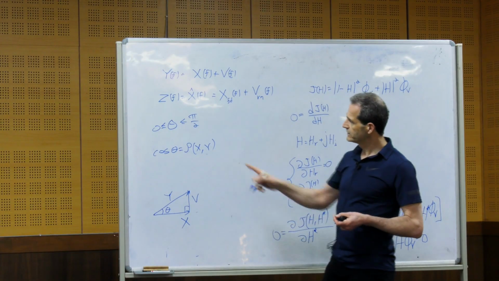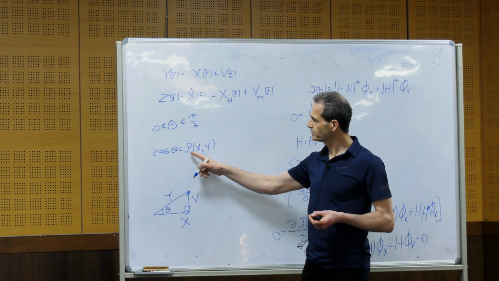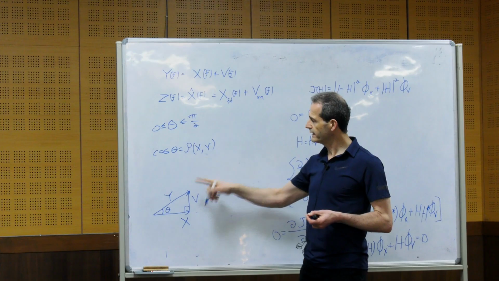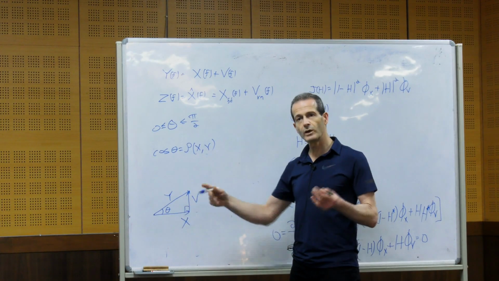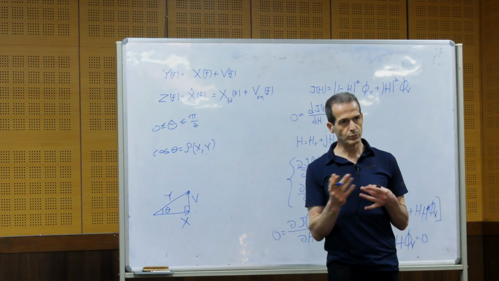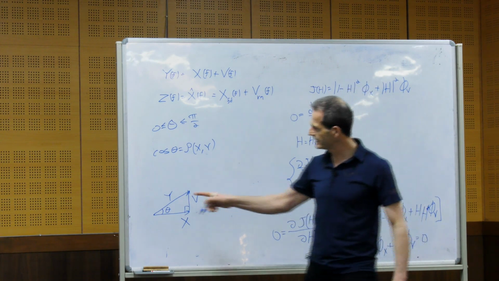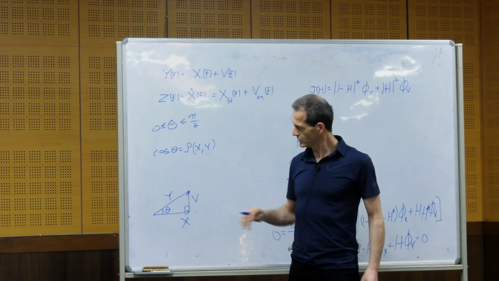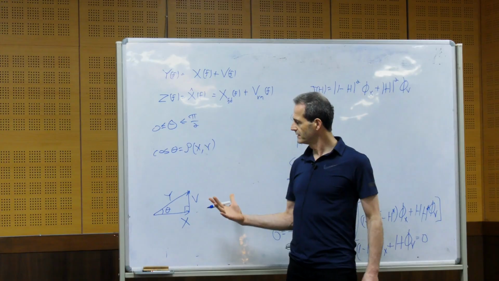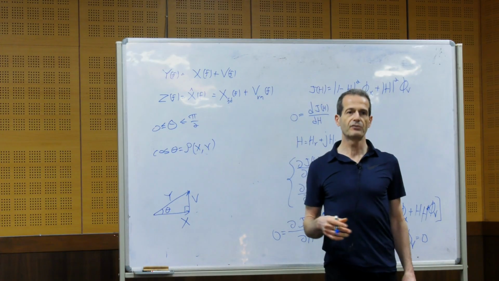So this represents how x and y correlate. What is the angle between the desired signal and the noisy signal? So it's just a graphical representation of signals.